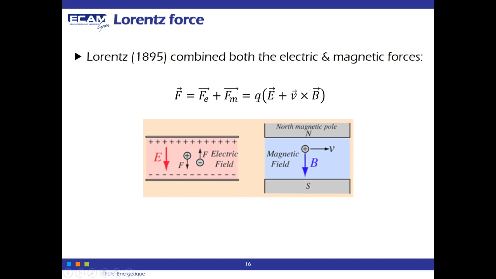The first term here, the product of Q and the electrical field, is what we obtained during the electrostatics discussion, and so the total force will be the superposition of both phenomena.